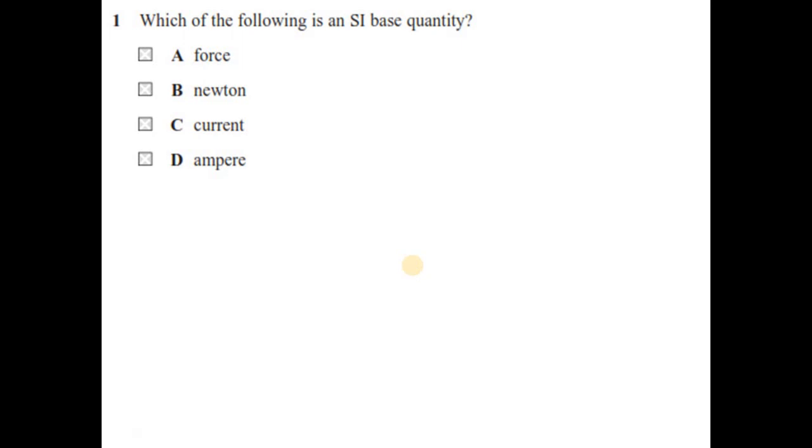Question number 1. Which of the following is an SI base quantity? Not unit. They are asking about the base quantity. So again, a typical question between derived and base quantities.